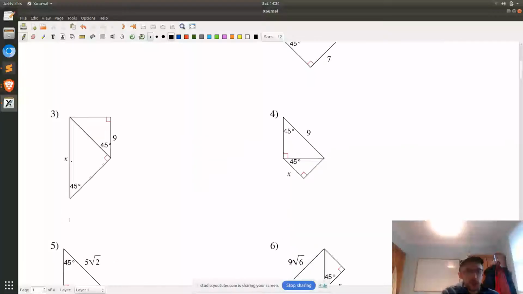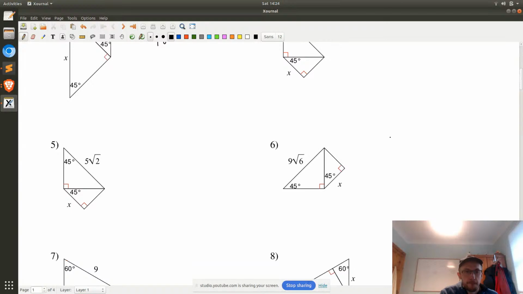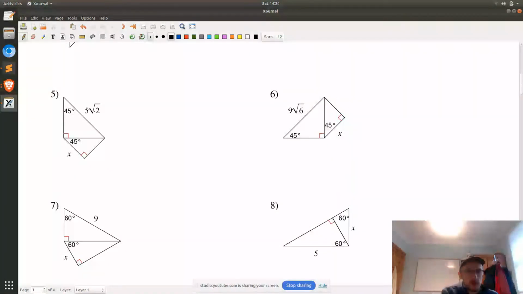And here, once again, and here, and here, 5 root 2, divide that by root 2 to get 5 over root 2. Top and bottom, times them by root 2 to get 5 root 2 over 2.